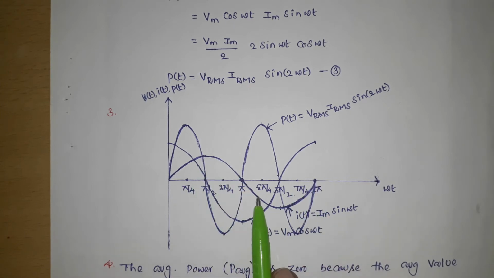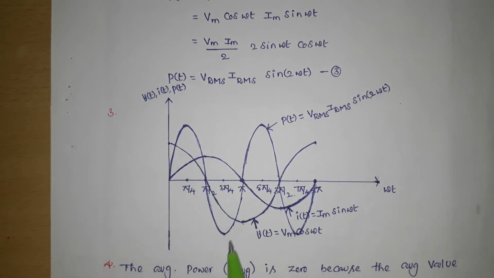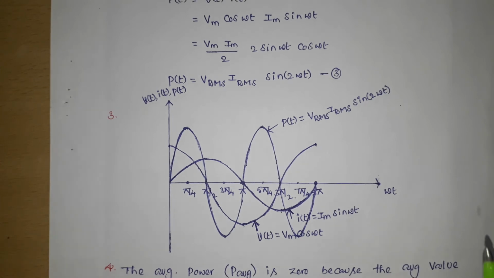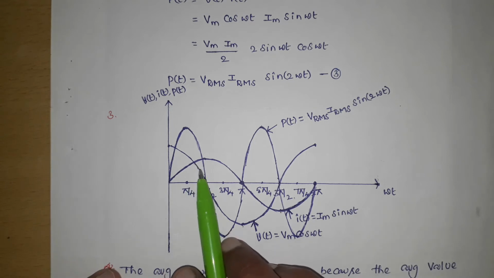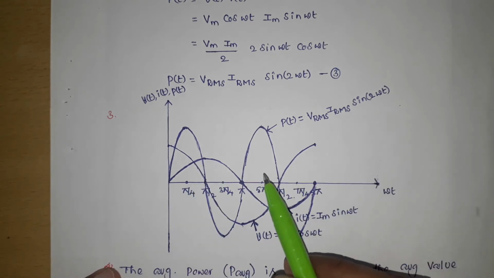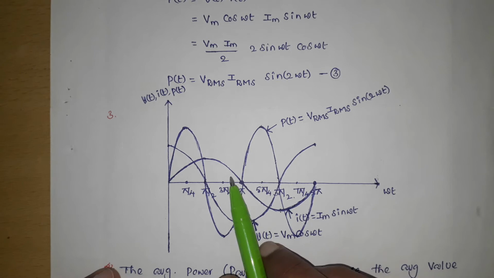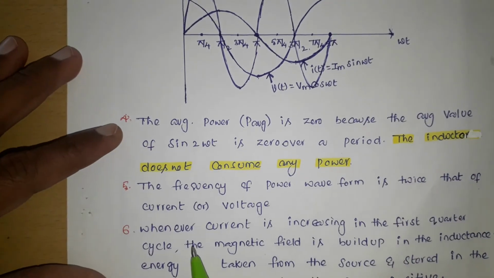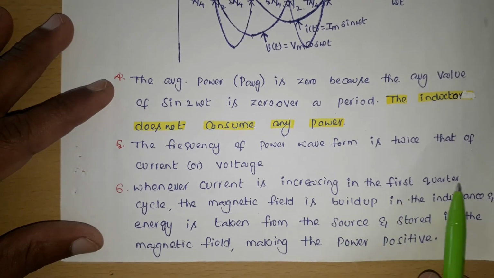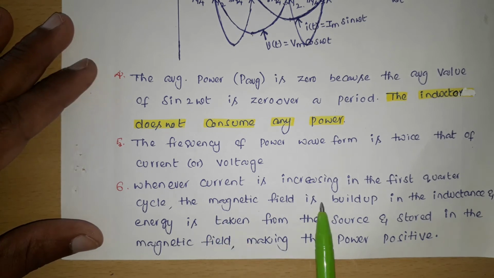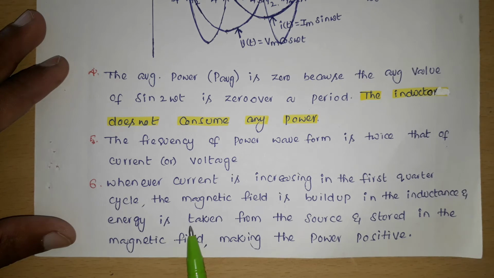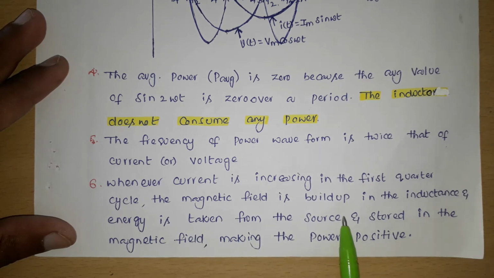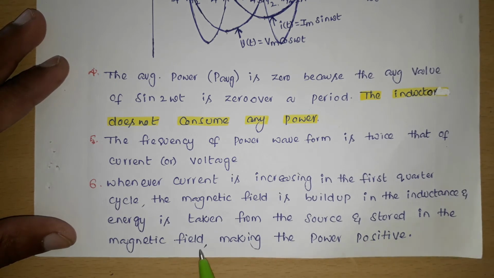During the next quarter of the current, as current is decreasing, it collapses the magnetic field. So whatever power is stored in the inductor is given back to the source, because it has no capacity to store the power. Whenever current is increasing in the first quarter cycle, the magnetic field is built up in the inductance, and energy is taken from the source and stored in the magnetic field, making the power positive.